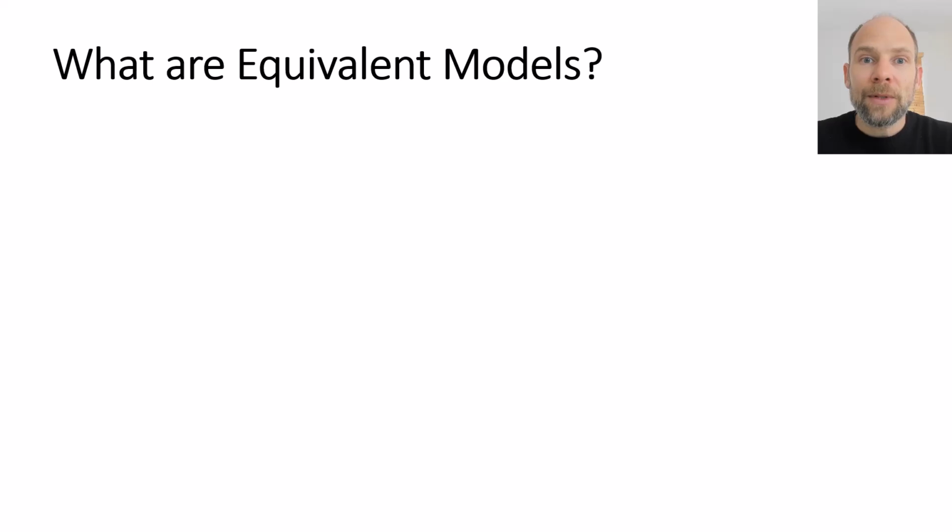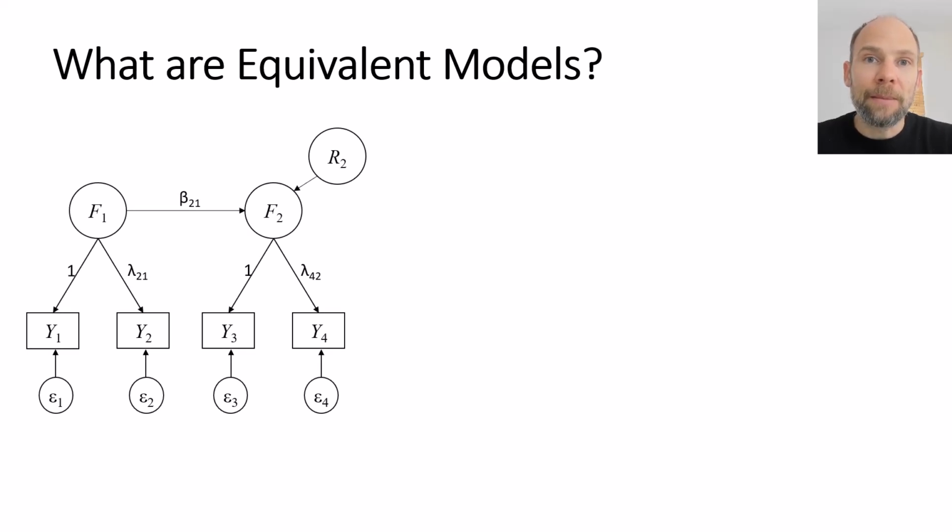I'm going to present this issue based on a very simple structural equation model with two factors, f1 and f2, where factor f1 predicts factor f2. You can see there's an arrow pointing from f1 to f2, indicating that f2 is regressed on f1, and there's a regression slope coefficient beta 2,1, and a residual r2, a variable that characterizes variance in factor f2 that is not explained in the linear regression on factor f1.